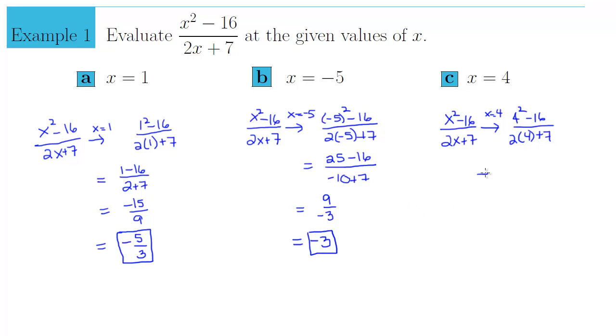This gives us, on the top, 4 squared, 4 times 4, which is 16 minus 16. And on the bottom, 2 times 4, which is 8 plus 7. So that gives us 16 minus 16, which is 0, divided by 15. And 0 divided by any number is simply 0. Wonderful. We have now evaluated this rational expression for different given values of x.